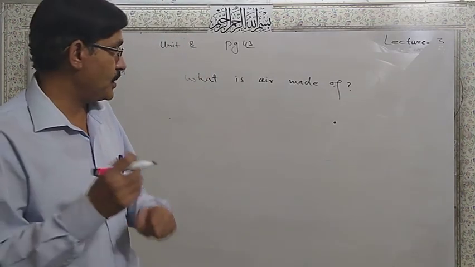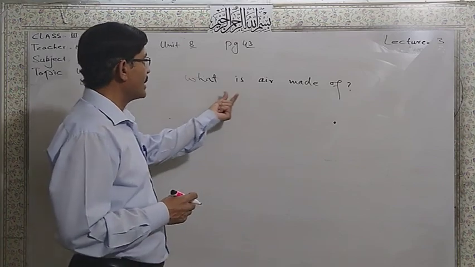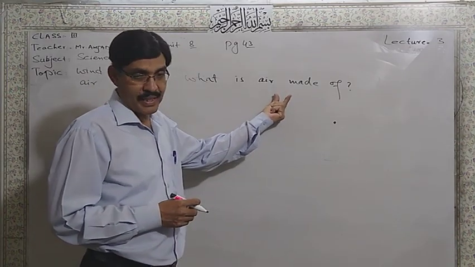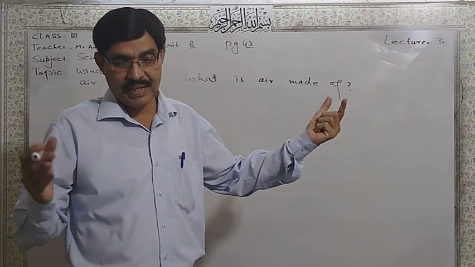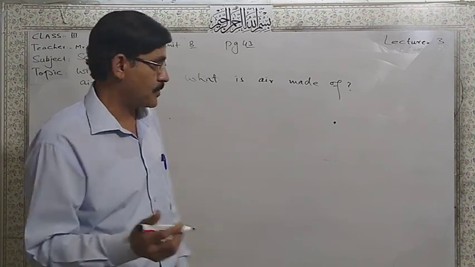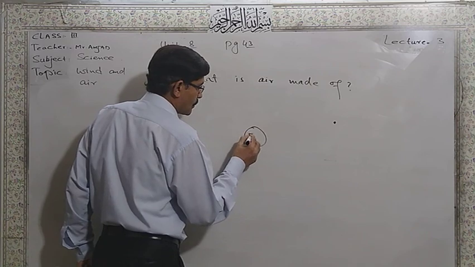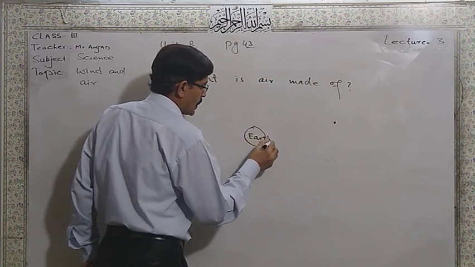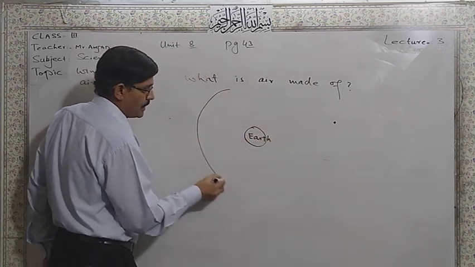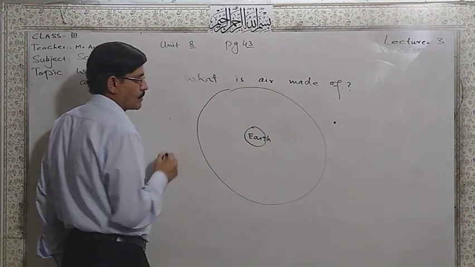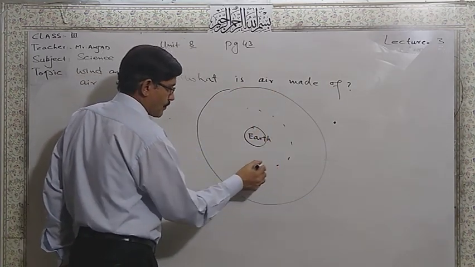What is atmosphere? Look at this one. What is air made of? The earth is surrounded by a layer of air called atmosphere. This is our earth, surrounded by this.